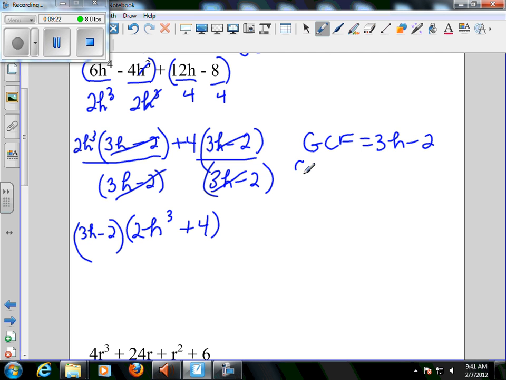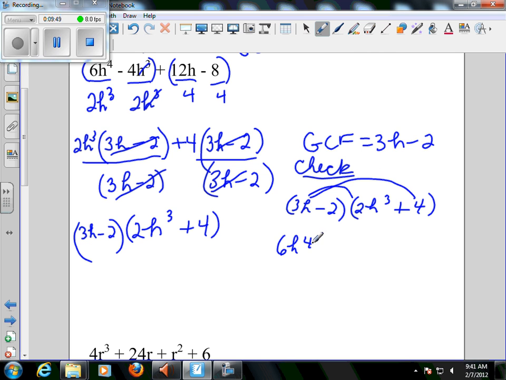Now if we want to check this, what we're going to do is simply multiply using the distributive property. So let's go ahead and do that. 3h times 2h to the 3rd gives us 6h to the 4th. 3h times 4 gives you positive 12h.